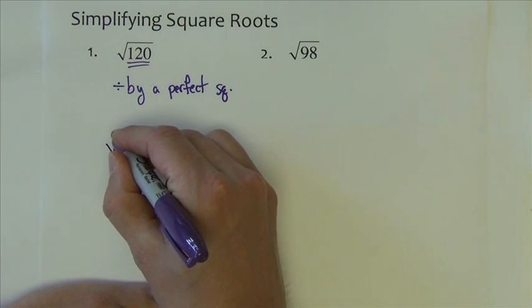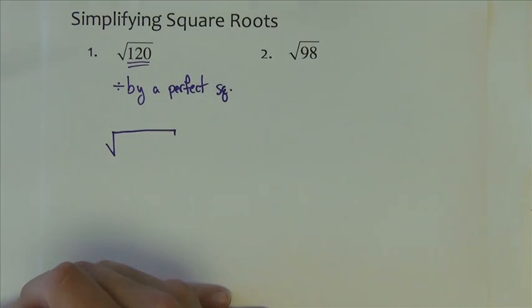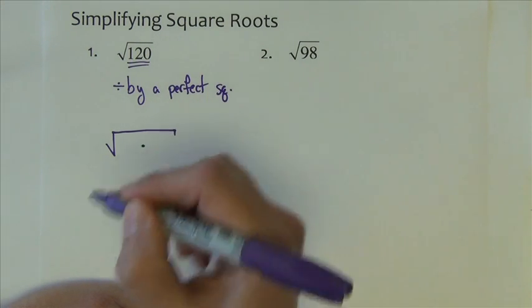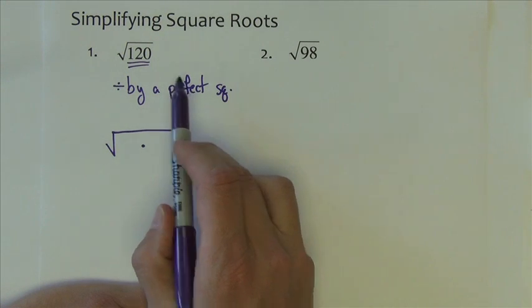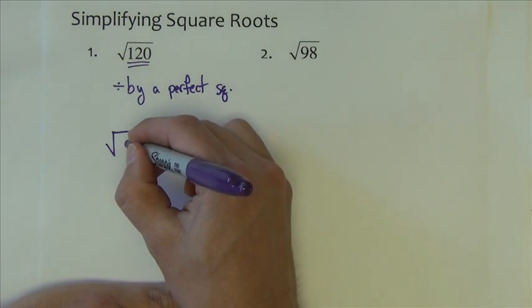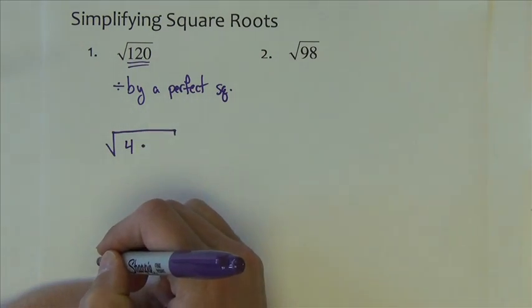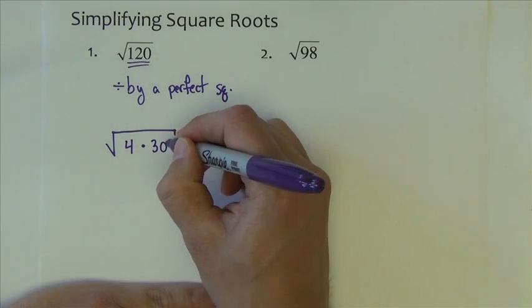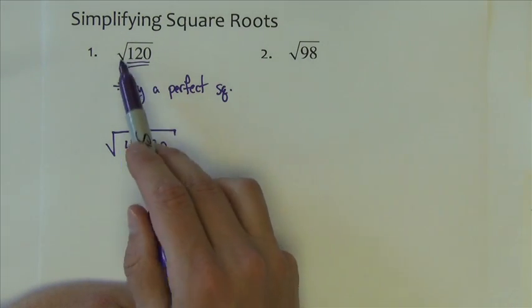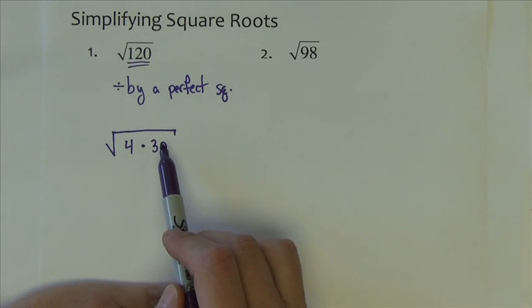So what we do is we rewrite the 120 as a product of two numbers. One of those two numbers is going to be the perfect square that divides into this number. And 120 happens to divide by 4. 4 times 30 is equal to 120. So I rewrite the 120 using a product of 4 times 30.